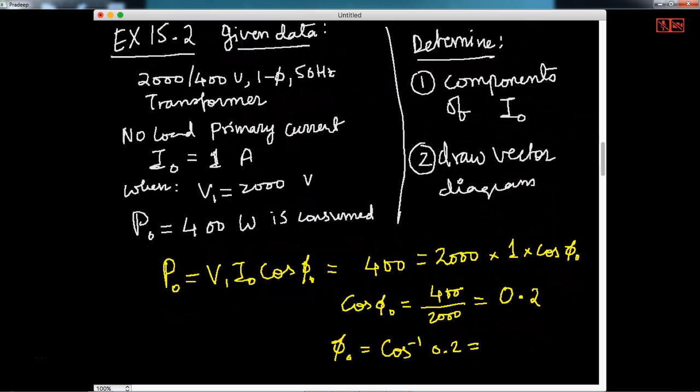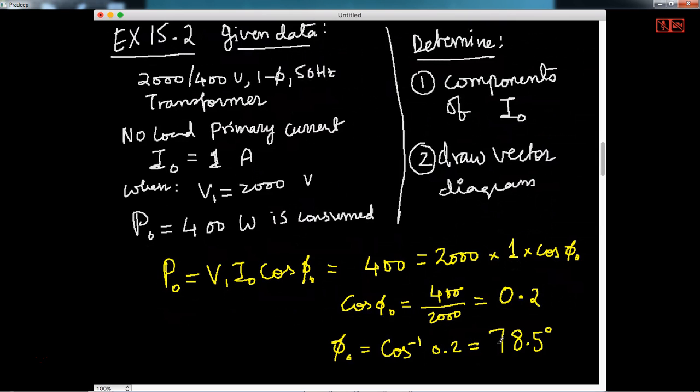The answer I'm getting in radians, so multiplied by 180 and divided by pi, I'm getting 78.5 degrees. I was saying it will be approximately close to 80 degrees, so it is 78.5 degrees.